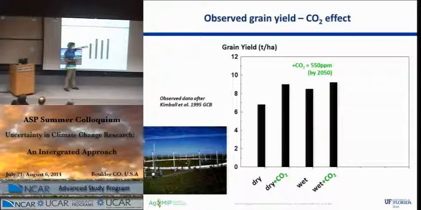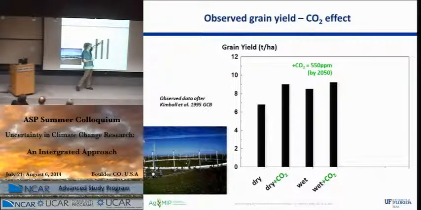You still get a crop of 6 tons. But if you put CO2 on it, so the only difference between these two yields is one of them has higher CO2. I think it's 550 parts per million compared to about 360 in the 90s. You get a huge increase in yield. If you are growing a crop under wet conditions, you grow a larger crop. You can see this is just because you have more water there.